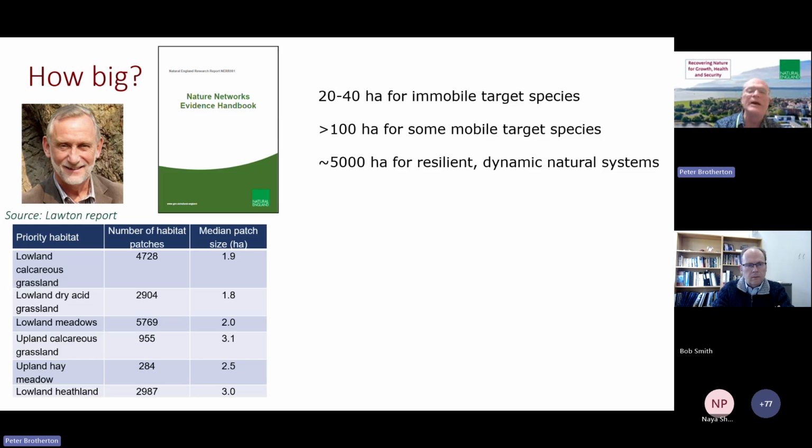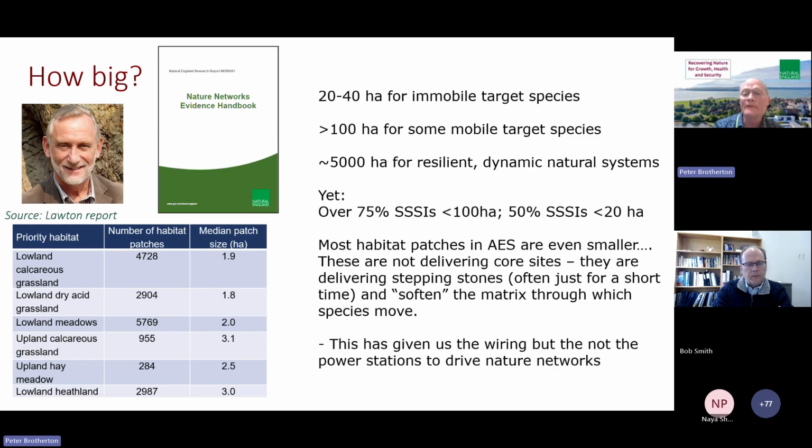I won't read it out, but median patch size for many of our important habitats is tiny. Even if we take the jewels in our crown, our SSSIs, over 75% of them are smaller than 100 hectares. More than 50% are smaller than 20 hectares. Around 15 hectares is the median size of an SSSI. Most habitat patches in agri-environment schemes are even smaller.